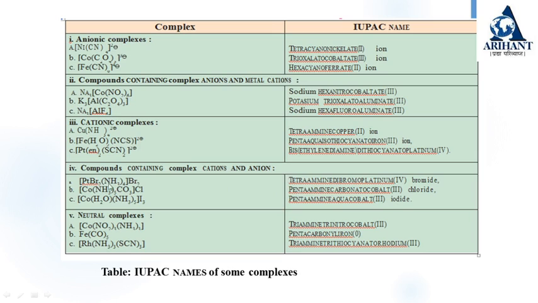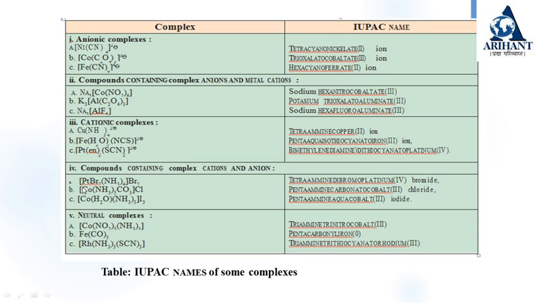So here bromo and ammine. We will write ammine first, as it comes alphabetically, ammine will be the first. So tetraamminedibromoplatinum(IV) and the 2 Br, they are outside the coordination sphere, so we will write bromide.